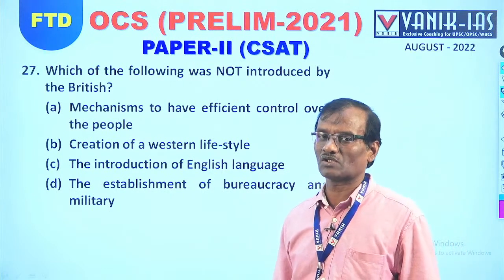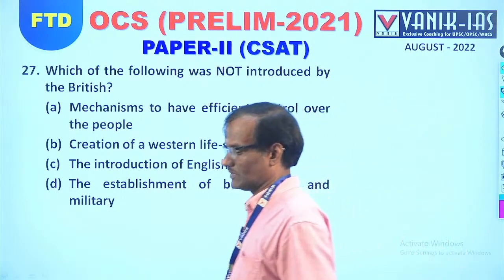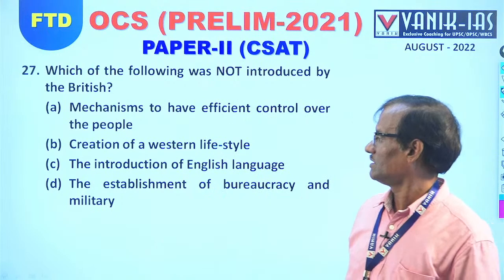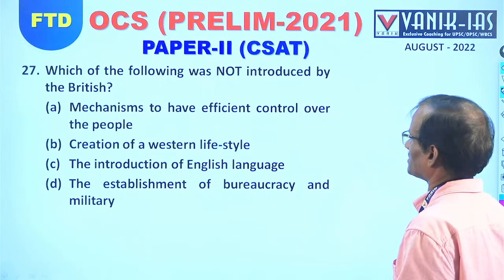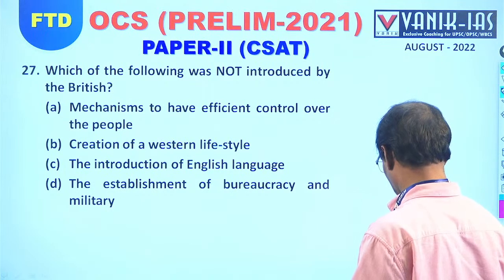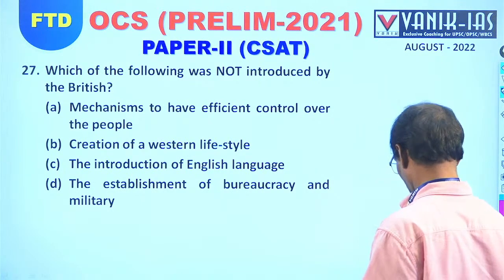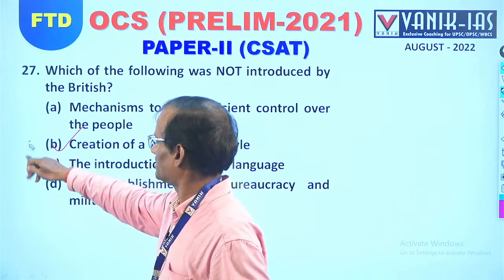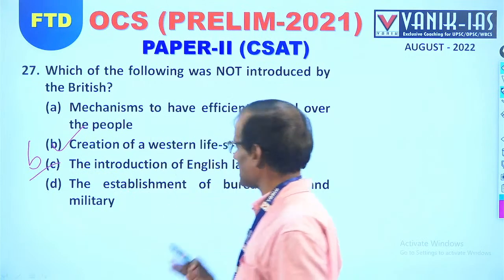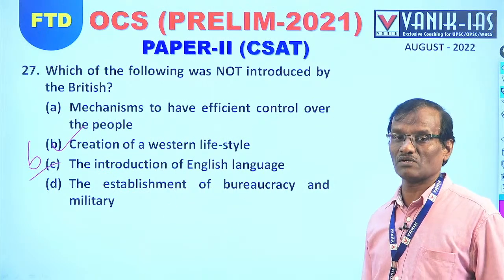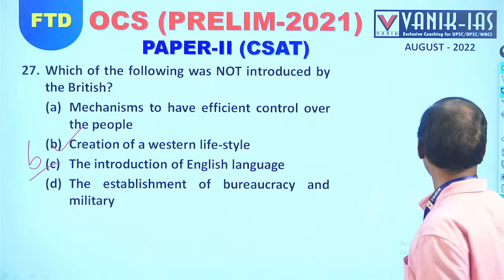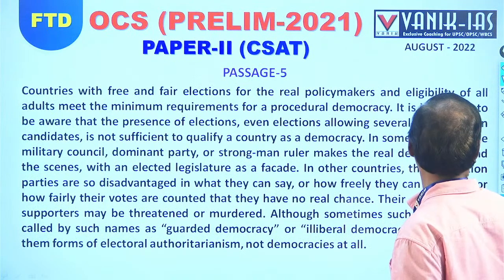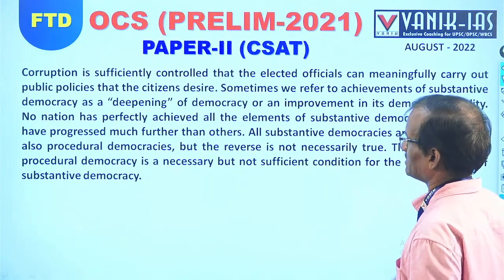So their objective was not to make Indians at par with them, and hence Westernization was not a concept. So creation of a Western lifestyle was not introduced by the British. In fact, 27B. But Westernization is a completely different concept. They westernized the system, but the lifestyle, they did not prefer it. 27B.